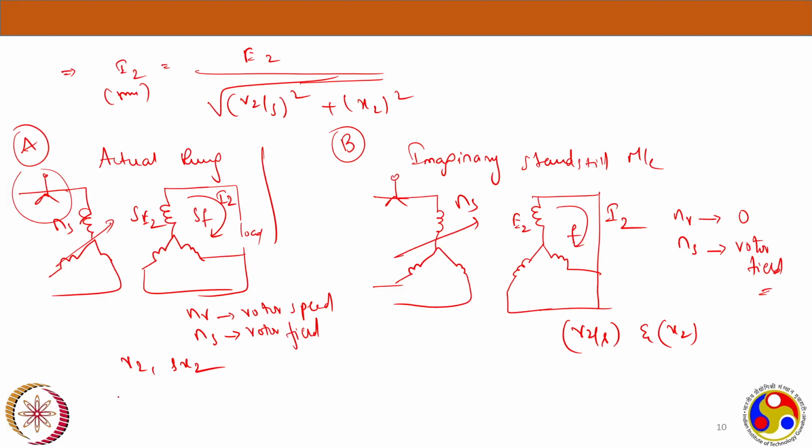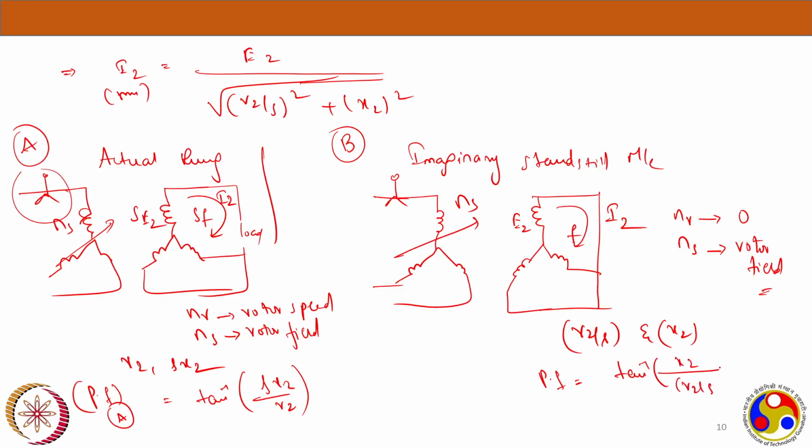If you see the power factor of machine A, the power factor angle will be tan inverse of SX2 by R2, and we will take the cos of that, of course. Here the power factor angle will be tan inverse of X2 by R2 by S. So these both are the same. Now the power factor is the same and the I2 current is the same.